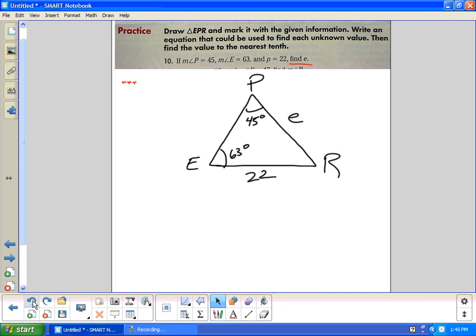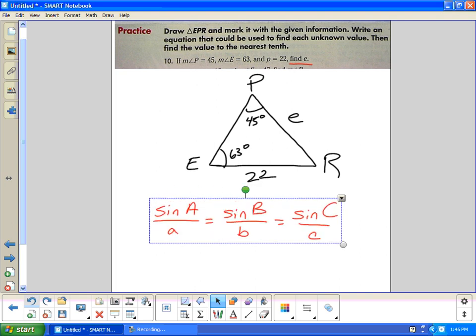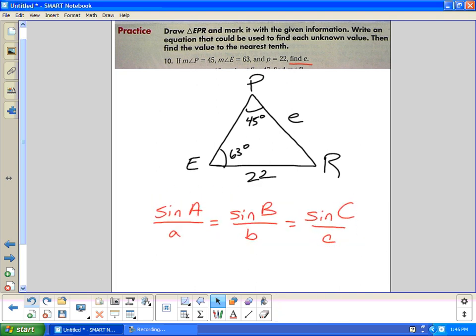We have a new rule. Now, we could try to drop an altitude and make right triangles and use SOHCAHTOA. Ton of work. Not going to do it. What we've learned is that there is this relationship on all triangles. They don't have to be 90-degree triangles.